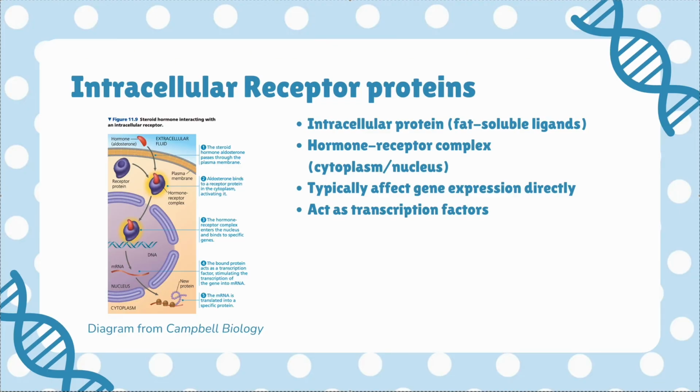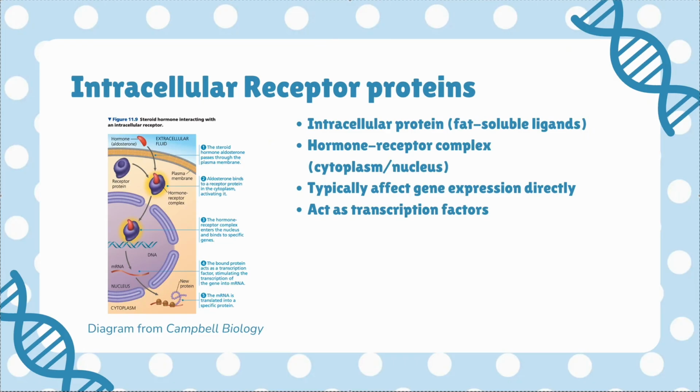Now, when the ligand binds to the receptor, it forms a hormone receptor complex. Now, this hormone receptor complex can either be in the cytoplasm and migrate to the nucleus, or the receptor might actually be in the nucleus. And then the ligand will cross the plasma membrane, cross the cytoplasm, and then enter the nucleus and bind to the receptor there.